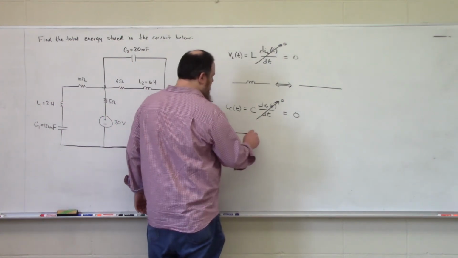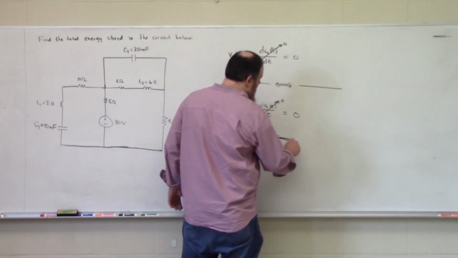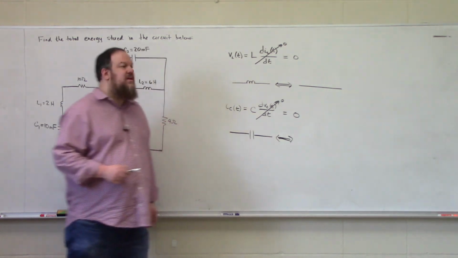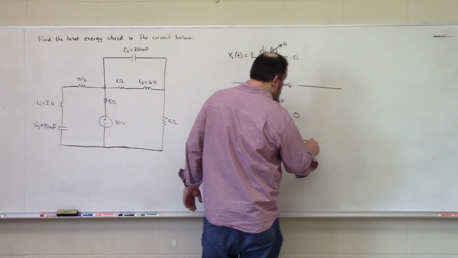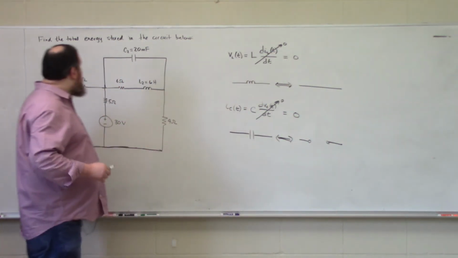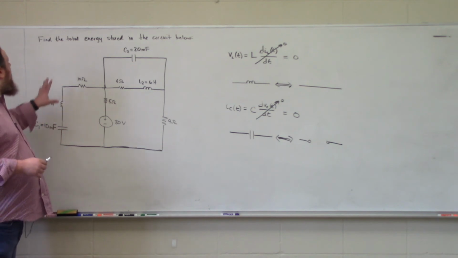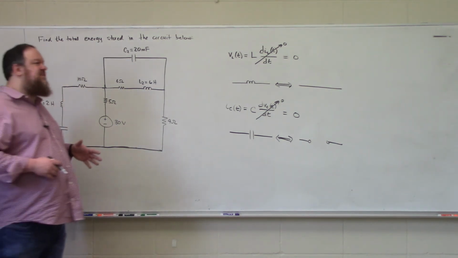So we will be replacing our capacitors with an electrically equivalent circuit element that does not allow any current to flow through it, or an open circuit. So I'm going to modify my original circuit diagram to reflect these DC steady state equivalents.